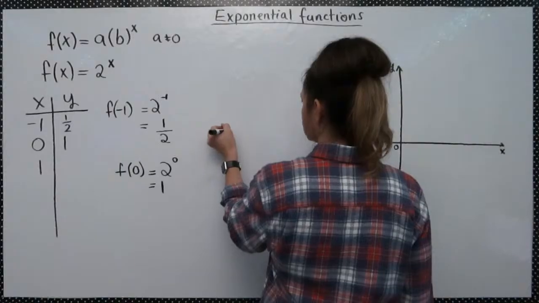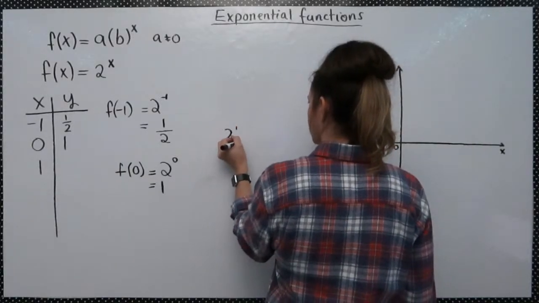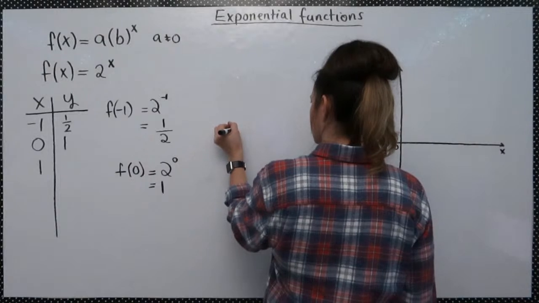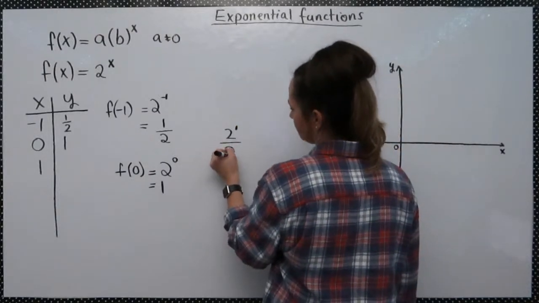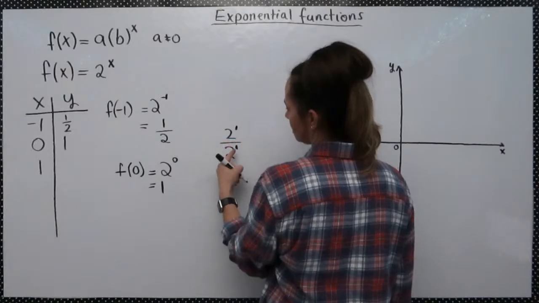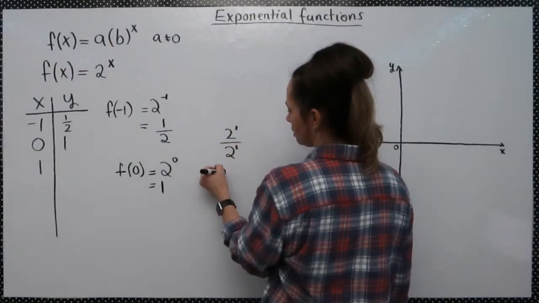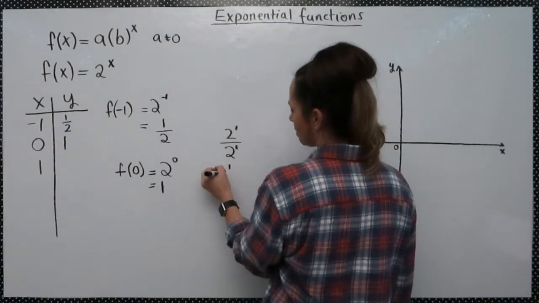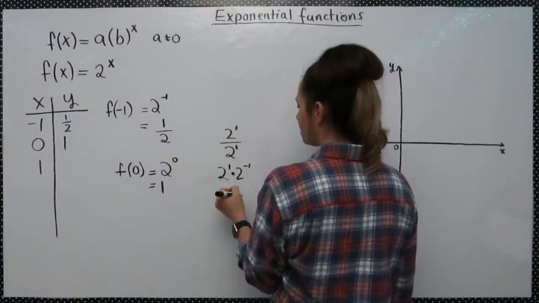Anything divided by itself is equal to 1. So if you have 2 to the first power divided by 2 to the first power, then the negative exponent rule makes it negative in the numerator. That's 2 to the first power times 2 to the negative first power.